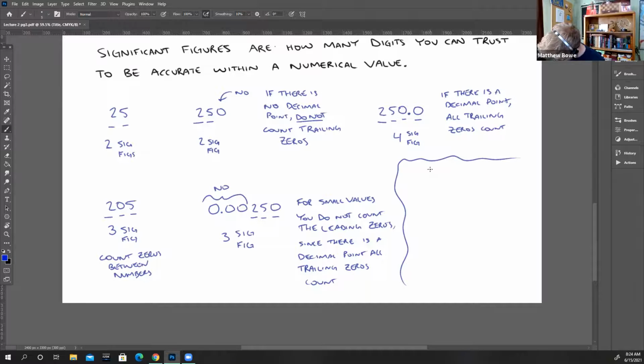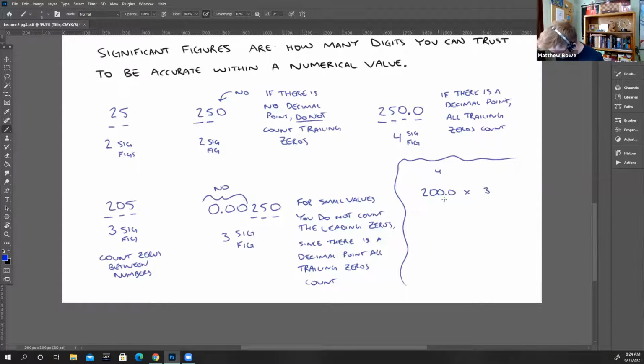Say we have 200.0. In this case, that is 4 significant figures. And we multiply it by, I don't know, 3. That's just one significant figure.